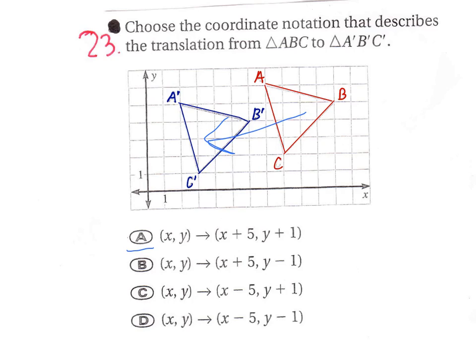Is it B, the X plus 5 and Y minus 1? If it's plus 5, it means it's going to move to the positive. If it's minus, it's going to move to the negative on the coordinate plane. So take a look at which way this is going, from right to left. Is it C, X minus 5 and then Y plus 1? Or D, X minus 5 and Y minus 1? Take a moment to look at that.